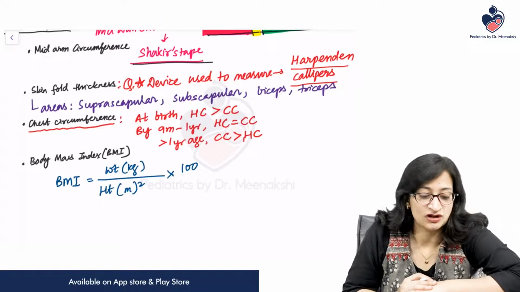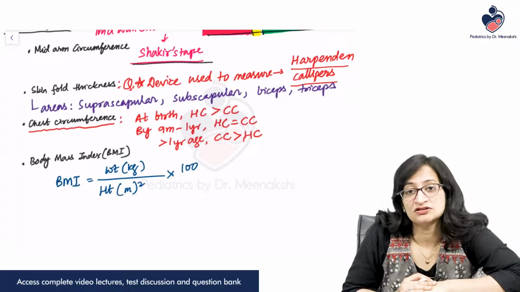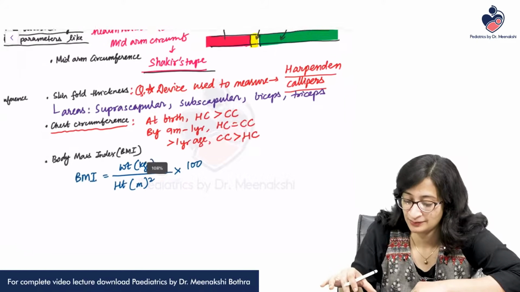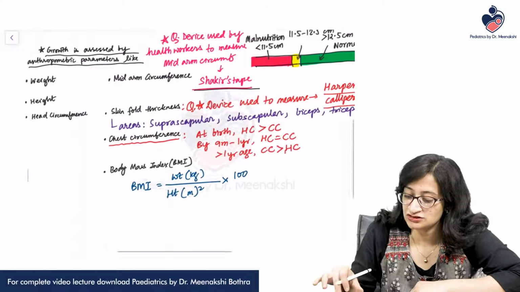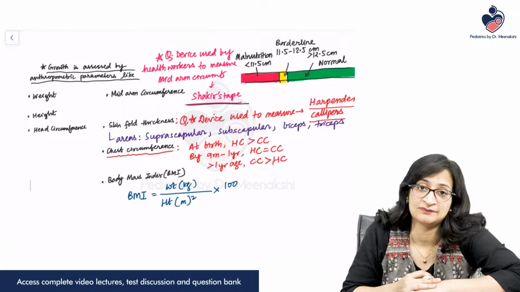Body mass index can also be used to have an idea about the growth and nutritional status of the child. So these are some anthropometric parameters that we can use to assess the growth status of a child.